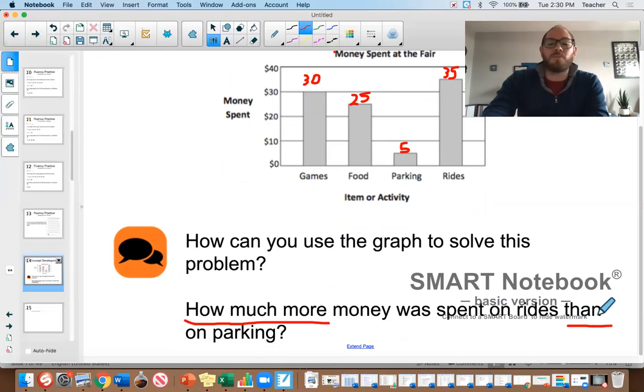And if it's how much more and than in a sentence, we know immediately we're doing subtraction. I also know I want to be looking for rides and parking. So how much did they spend on rides? They spent $35. How much did they spend on parking? They spent $5. In your math journal, see if you can come up with a subtraction sentence to solve this problem. If you need to pause the video, go ahead. Otherwise, when you're ready, just push play.